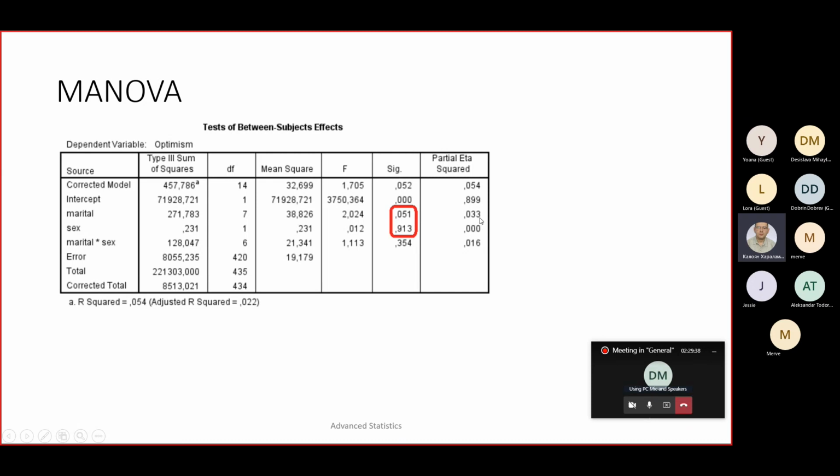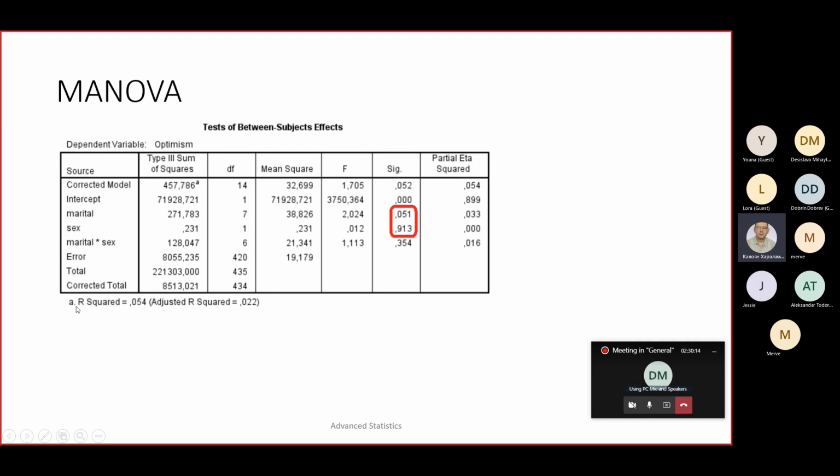So in our case, 3.3% of the variance of optimism is explained by marital status under the condition that sex is constant. And for the sex, 0% of the variance of the optimism is explained by sex under the condition that marital status is constant.